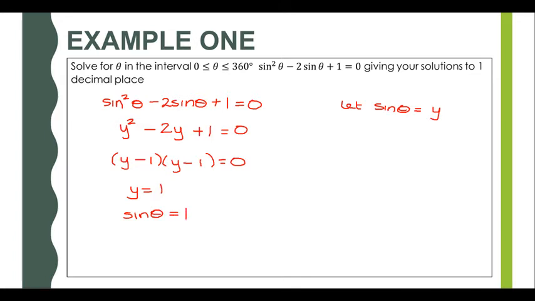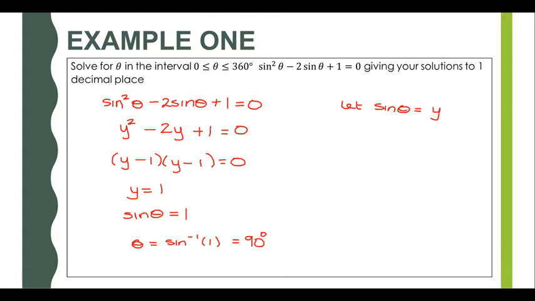So I get sine theta is equal to 1. And now I've got a trig equation that I can solve. So theta is equal to inverse sine of 1, which is equal to 90 degrees.